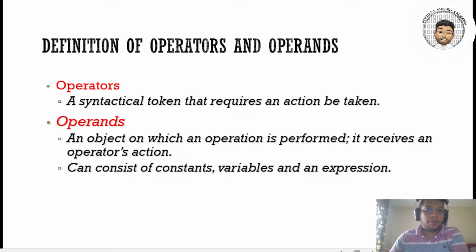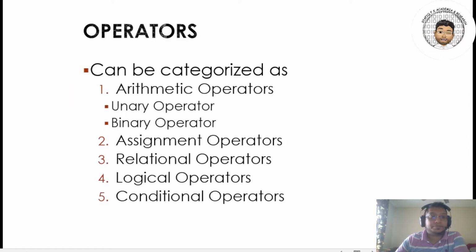Usually operators are known as a syntactical token that requires an action to be taken. An operand is an object on which an operation is performed. It receives an operator's action and can consist of constants, variables and expressions. These are the differences between operators and operands.